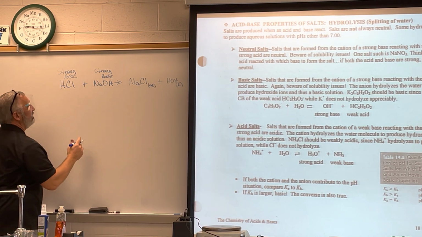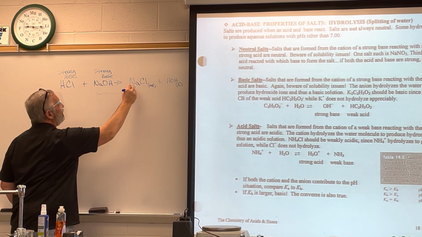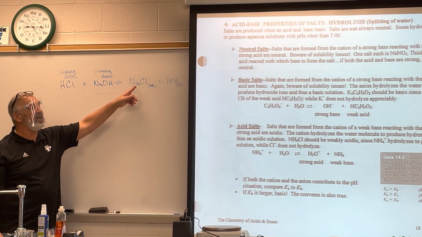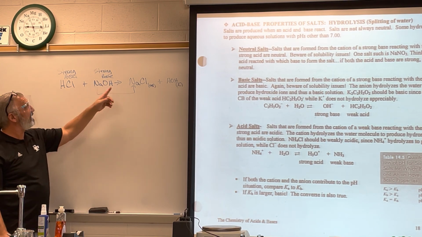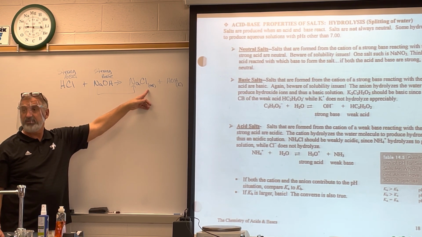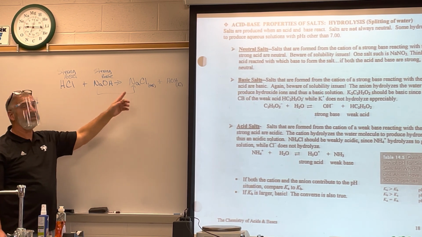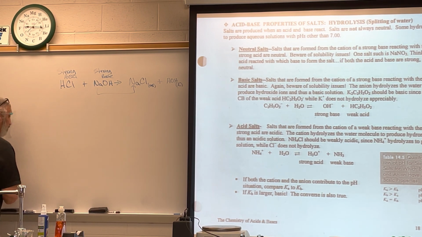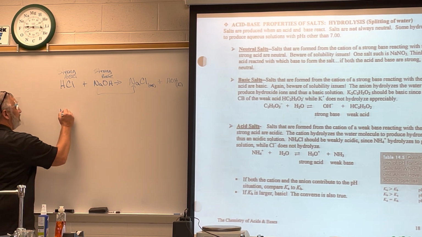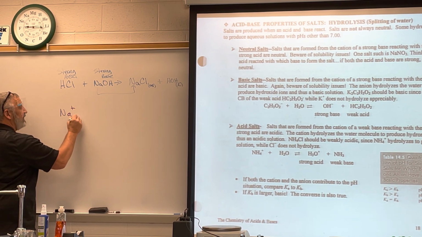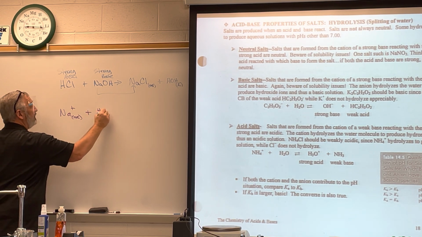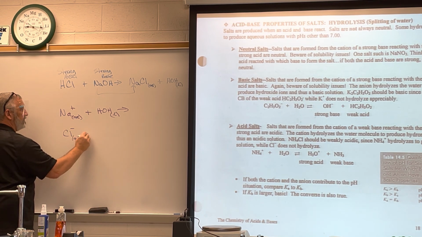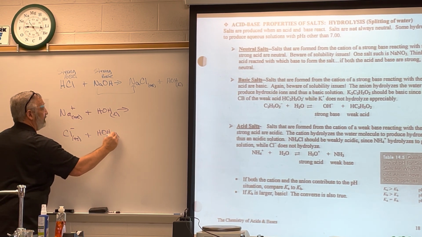So technically, this is the conjugate acid. This is the strong base. This is the conjugate. And then the Cl minus is the conjugate of the HCl. Well, if you have a strong acid, what does that mean about the strength of the conjugate? Weak. So both of these ions, when I put NaCl into water, it's going to dissociate into Na plus water, and Cl minus plus water.